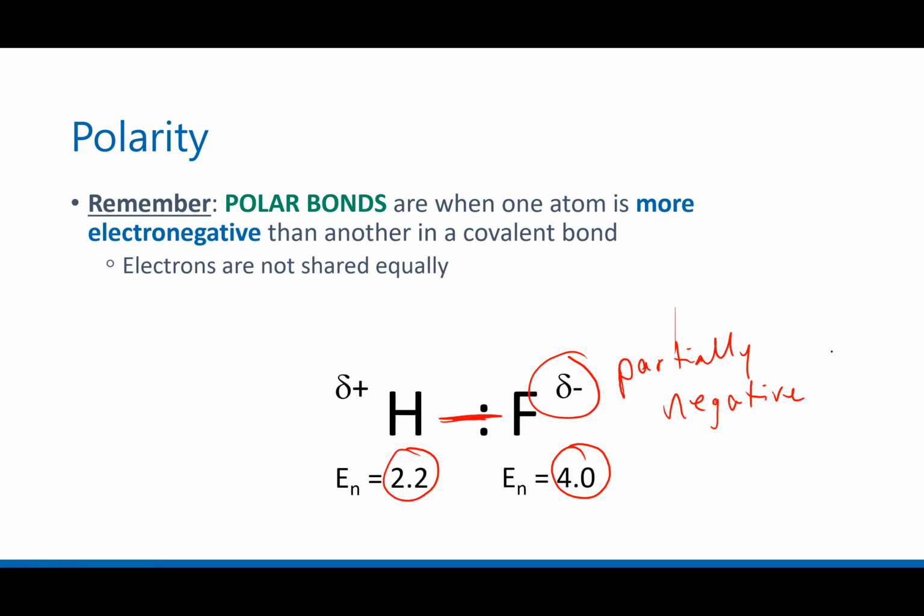But remember, in covalent bonds between nonmetals, they share, they don't transfer. So what happens is basically an unequal sharing. The electrons would be mostly on the right, on the fluorine. So a polar bond is when one atom is more electronegative than the other.